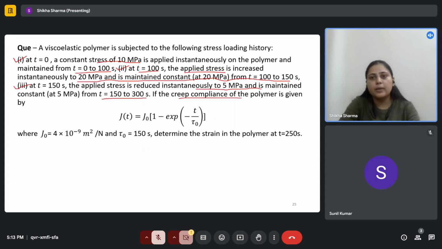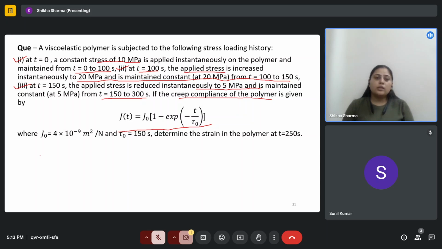The creep compliance of the polymer is given by this equation: creep compliance at any time is equal to the creep compliance at 0 time multiplied by 1 minus exponential of minus t by tau naught, where tau naught is the relaxation time.